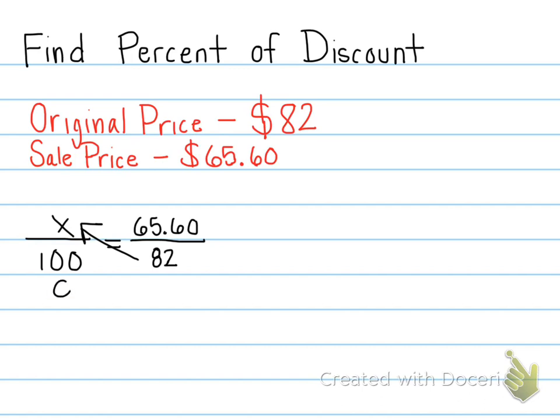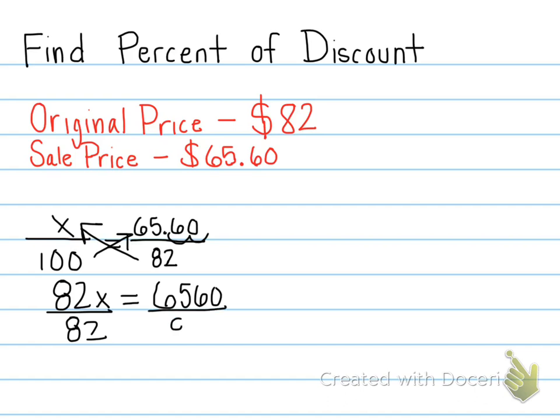I get 82x equals 100 times 65.60, 2 spaces over, 6,560. I'm going to divide by 82. And I get x equals 80.